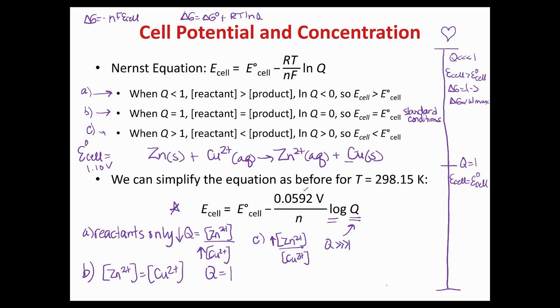Now, what does that mean in terms of the voltage, though? The voltage is starting to drop. You have less work your battery can do as the reaction proceeds forward. So E of cell is less than E naught of cell. Here's our voltage, 1.10 volts was here, right?